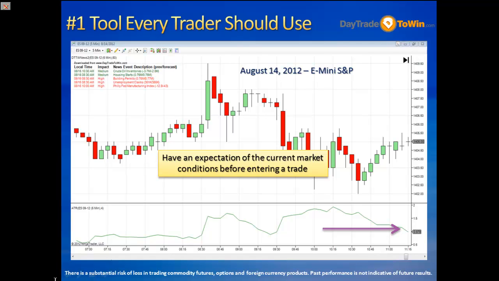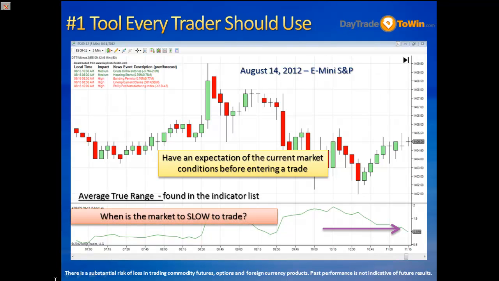Is the market slow? Is the market fast? Is the market chaotic? What can I expect if I enter into the market? What can I expect the market to do? And so I use this average true range. It's found in the indicator list of NinjaTrader, the ATR, and you can see it on my chart, and I'm using it with a value of 4.